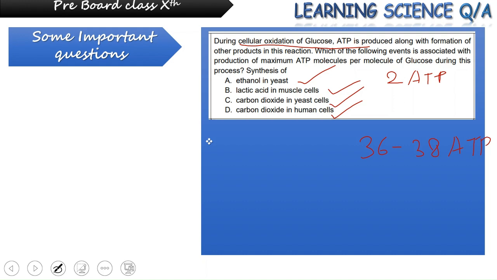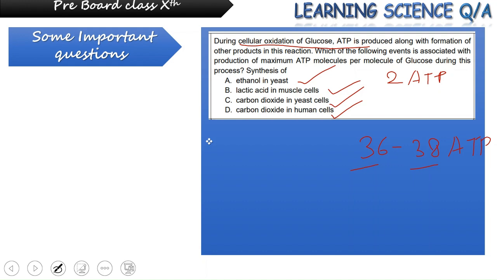Now, when you refer to different books, either 36 or 38 would be the figure. For lactic acid, again, the glucose is not oxidized completely, so again a smaller amount of ATP is generated. Carbon dioxide is produced in yeast cell also during ethanol production. That means carbon dioxide is produced as a byproduct.